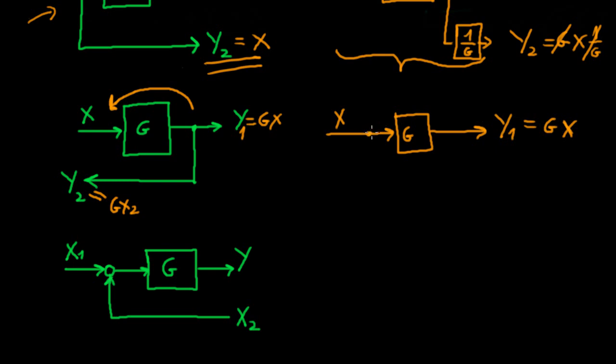But if we put the takeoff point here and we do nothing, the y2 would be equal to x, and we don't want that. So we need to put here the same system, the same g, so that y2 is equal to x times g, or maybe you prefer g times x.